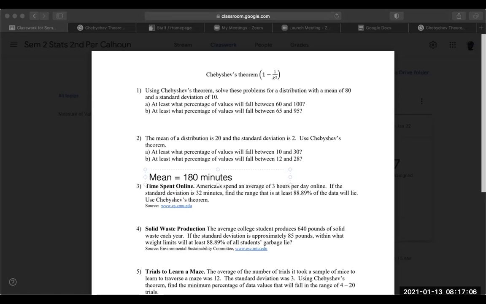But the question is, what is the range in which 88.89% of the data will lie?